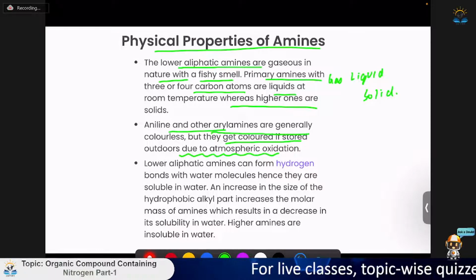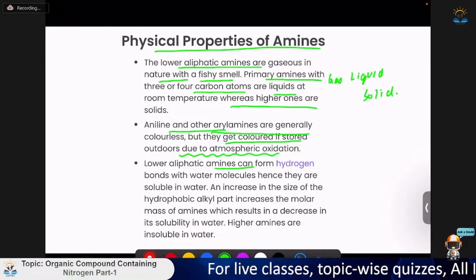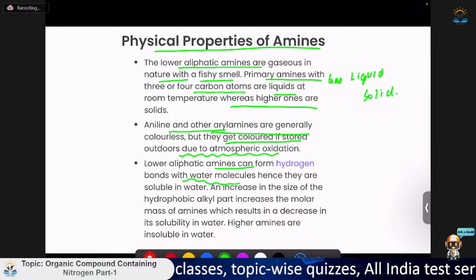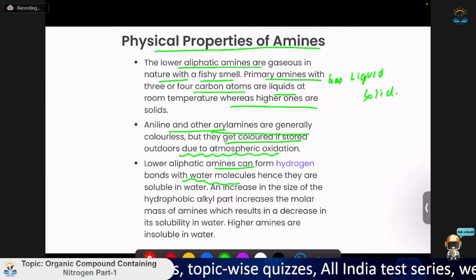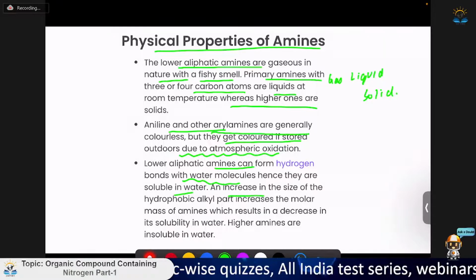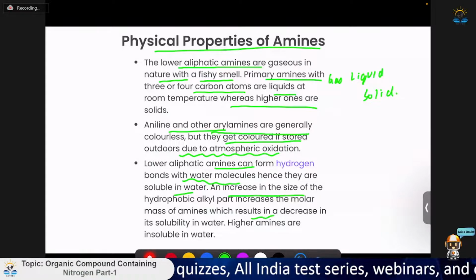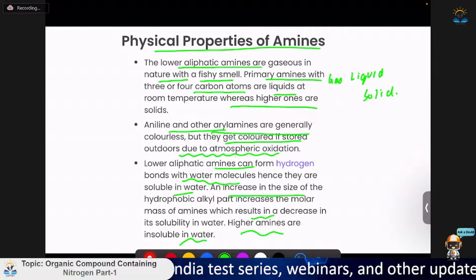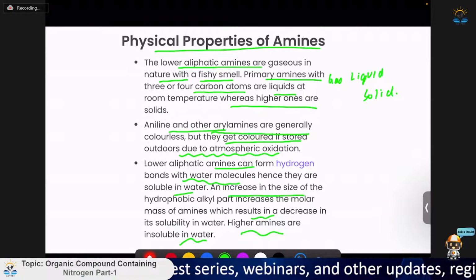Lower aliphatic amines can form hydrogen bonds with water molecules, and hence they are soluble in water. We will also see this in the next class in case of solvation. That is why lower amines are soluble and higher are not soluble, because higher ones cannot form that number of hydrogen bonds.